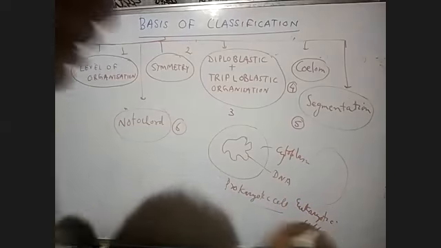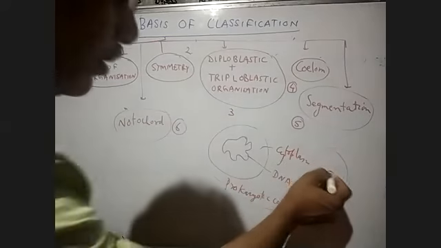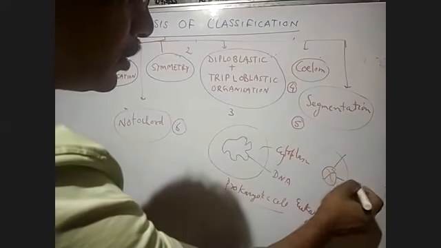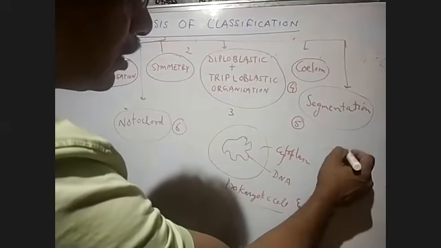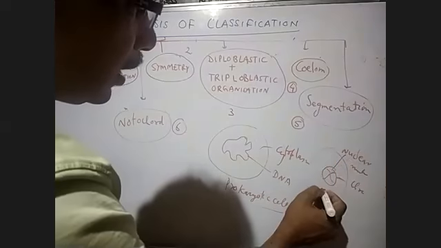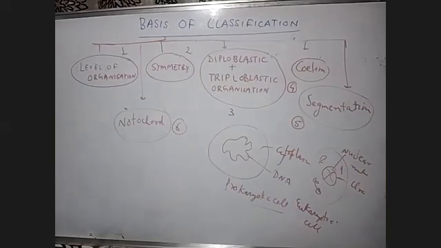In these eukaryotic cells, the chromosomes are inside the nucleus, and it has a nuclear membrane. All the cell organelles, like the mitochondria, Golgi apparatus, endoplasmic reticulum, and ribosomes, are found in the cytoplasm.